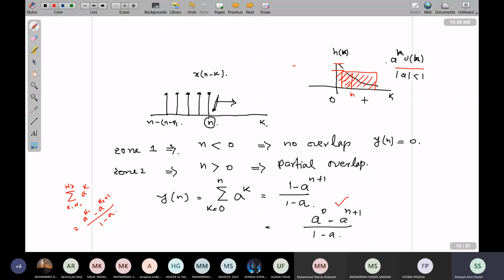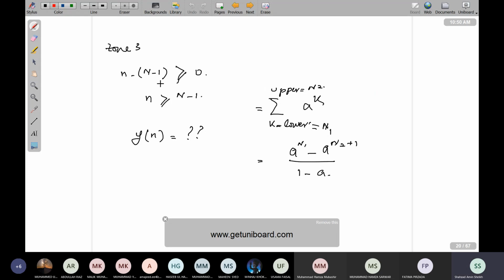ये उठा है और ये रिवर्स हुआ तो ये क्या होगा n और ये क्या हो जाएगा portion, that is n minus capital N minus 1. So it means when n minus capital N minus 1 is greater than 0, in that case we will be having complete overlap. So that's the third zone. n minus capital N minus 1 greater than or equal to 0.